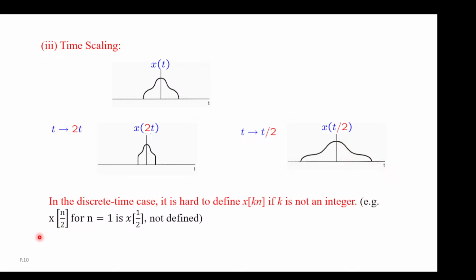For example, if you try to define x of n over 2, then the n equal to 1 point will map to n equal to 1/2, which is x of 1/2, an undefined number. But you can compress your signal, but only when you compress by an integer. Okay. So yeah, this is defined.